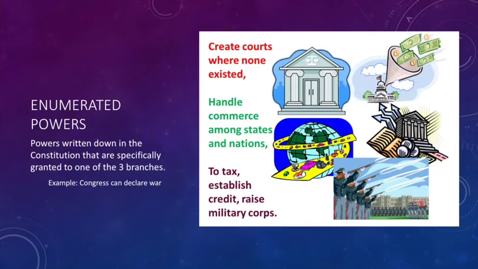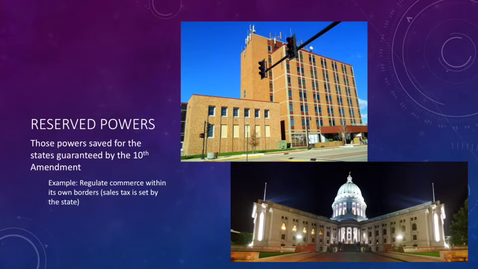Now they may fall under some of those ambiguous powers, but there are powers that are reserved for the state and local government. So if a power is not given specifically to the legislative or executive or judicial branch, it is reserved for the states and local government. So stuff like roads and education is typically handled by the local government.